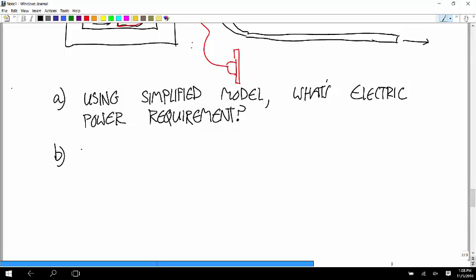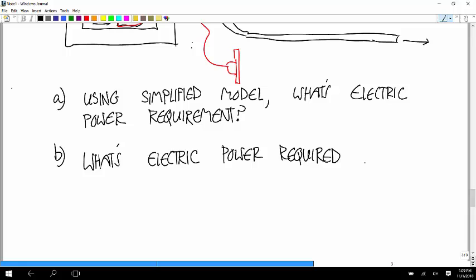So now let's say, what's the electric power requirement if the pressure at the inlet is 1 bar and the pressure at the exit is 10 bar?